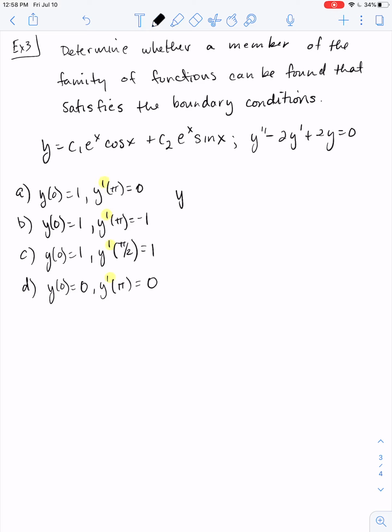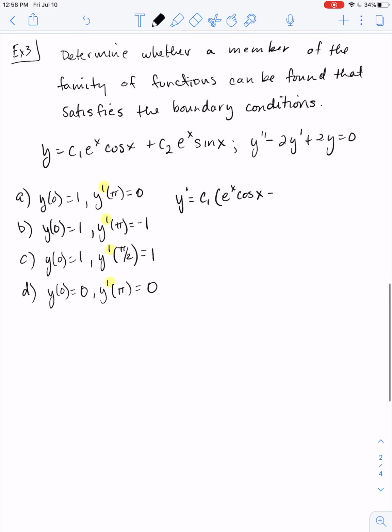Now here is where you have your product rule. So it's going to look like this: C1, and then you're going to have e to the x cosine x. So you have a product rule, minus, because the derivative of cosine is negative, e to the x sine x. And then plus, you do the same thing with the next term.